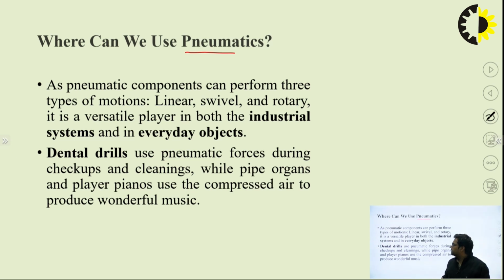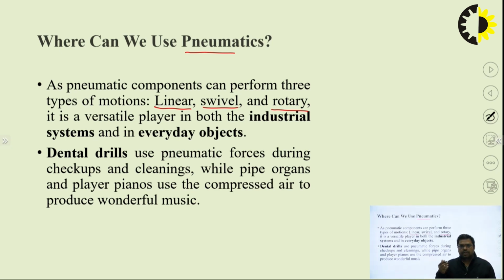If the requirement is linear motion, that movement can be done through the pneumatic system. If we want square rotation, that operation can be done through the pneumatic system. If the requirement is rotary motion, then we can also do it with this air.